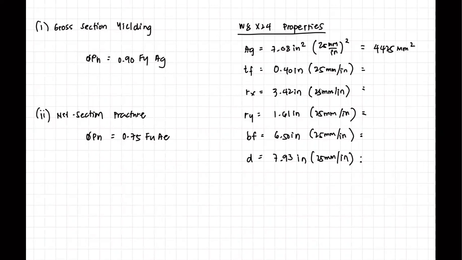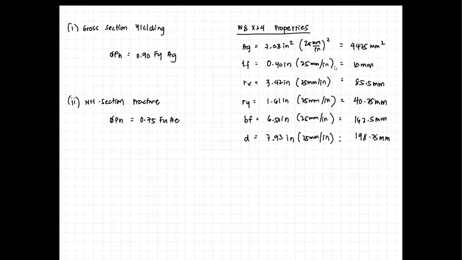Next, 0.4 times 25, that is 10 mm. Next, 3.42 times 25, we have 85.5 mm. Next, 1.61 times 25, we have 40.25 mm. 6.5 times 25, we have 162.5 mm. And 7.93 times 25, we have 198.25 mm. Okay, so now we have the properties of the W8x24 that we need for our calculation.